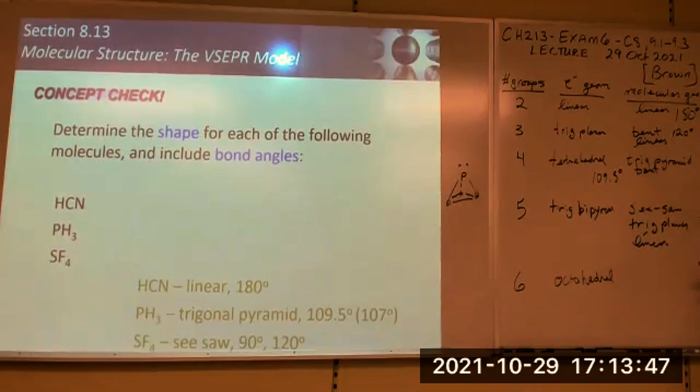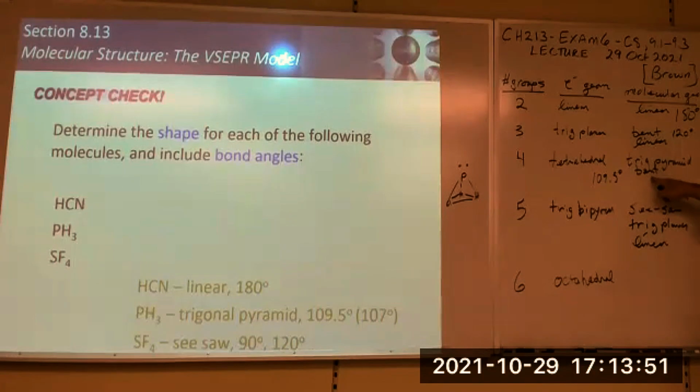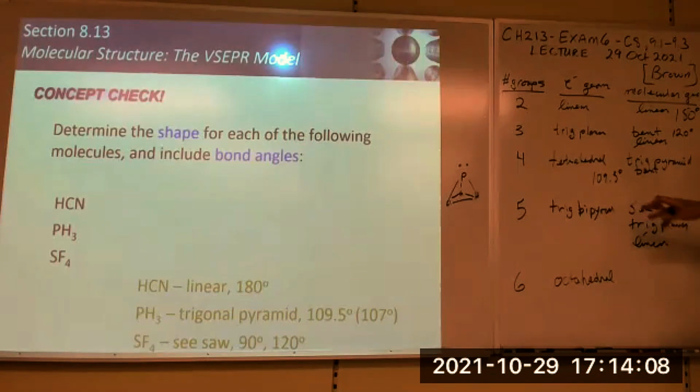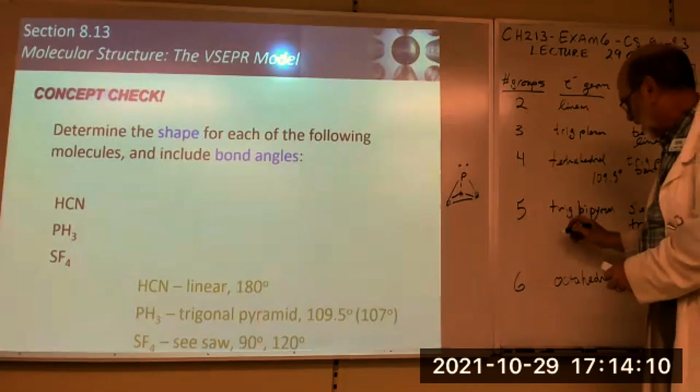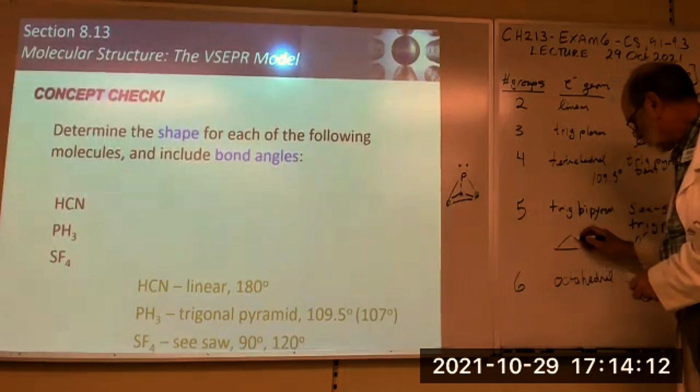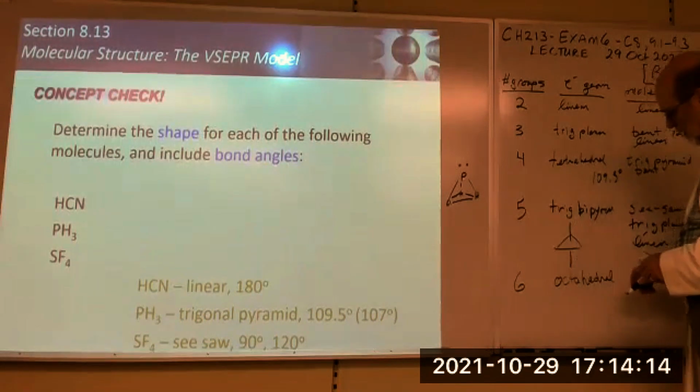Same thing for the bent molecule, like water. It theoretically is 109.5, but it's got 2 lone pairs up there, so it's really squished, like 105 something. Okay, so for the trigonal bipyramid, you got a triangle like that.